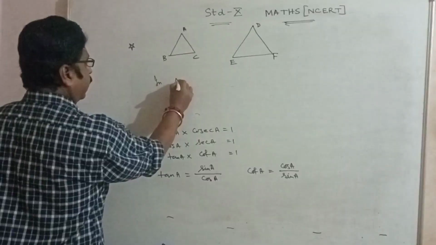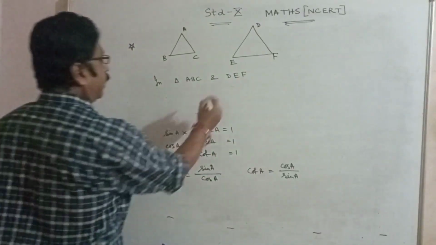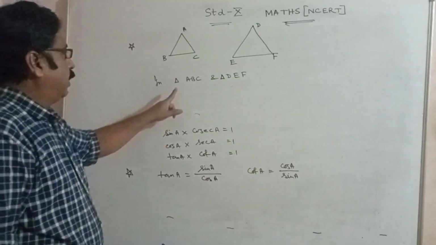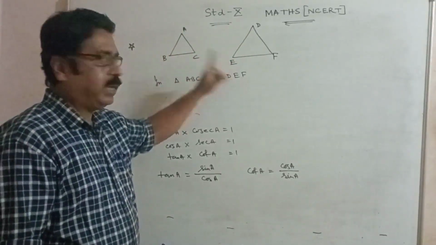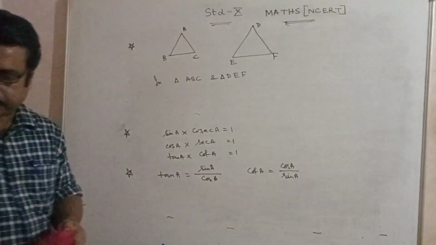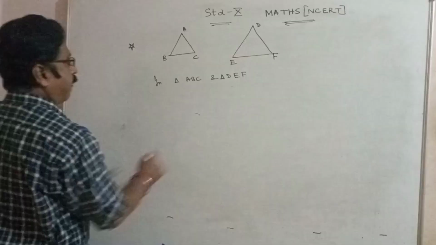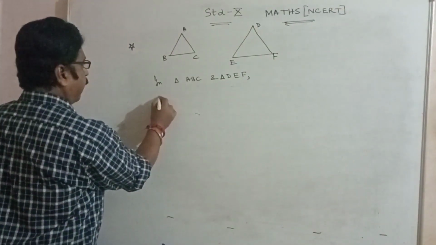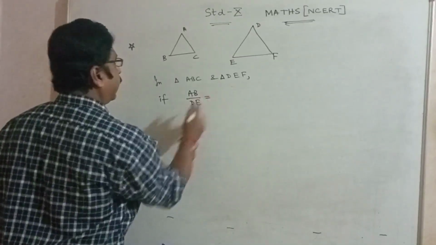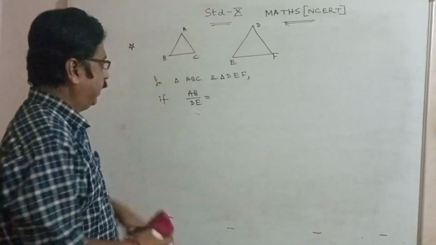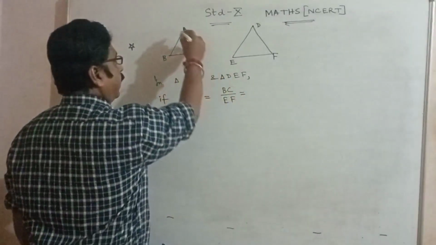In triangle ABC and DEF, ABC and DEF means A corresponds to D, B corresponds to E, C corresponds to F. If AB upon DE, side AB is corresponding to side DE, BC upon EF is equal to AC upon DF.